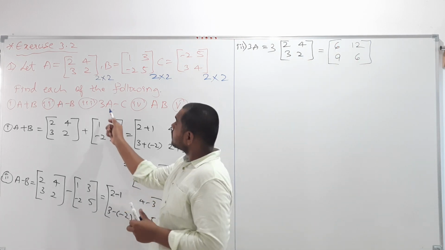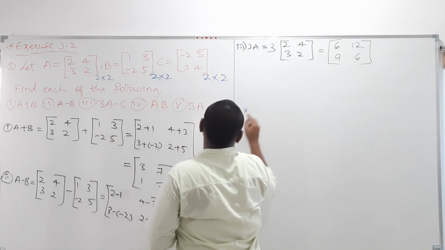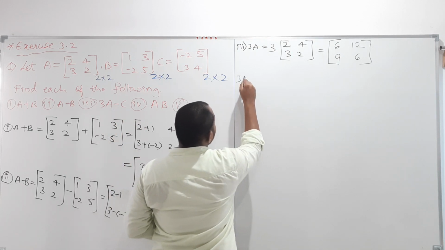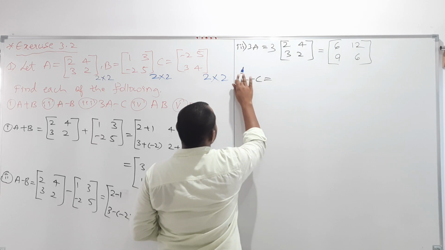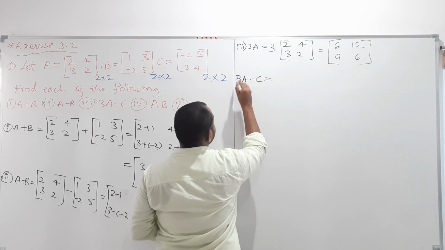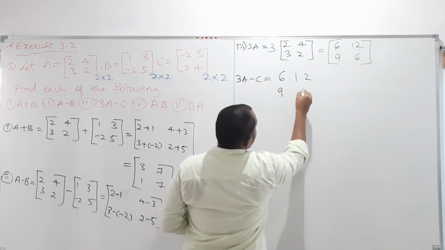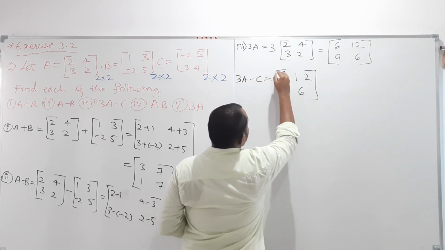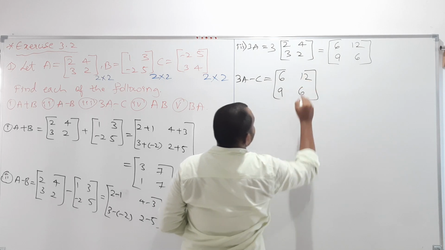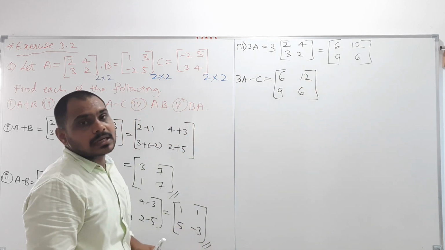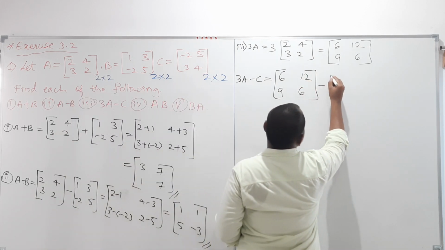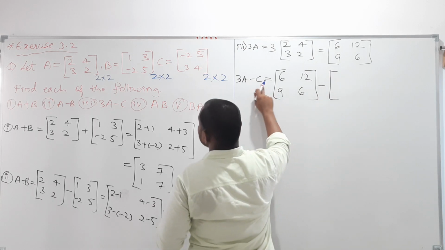But they asked 3A minus C. Now I write 3A minus C is equals to, so what is here? 3A means 6, 12, 9, 6. So this is your 3A value. Clear? And next, minus C. What is C, my dear friends?